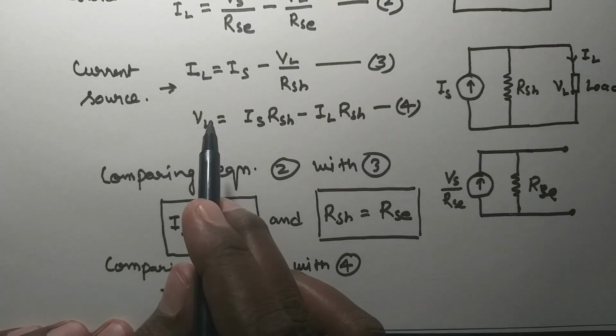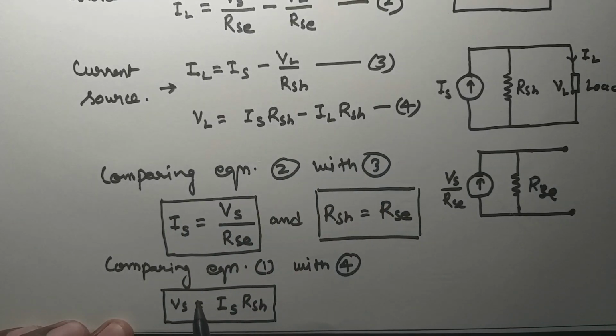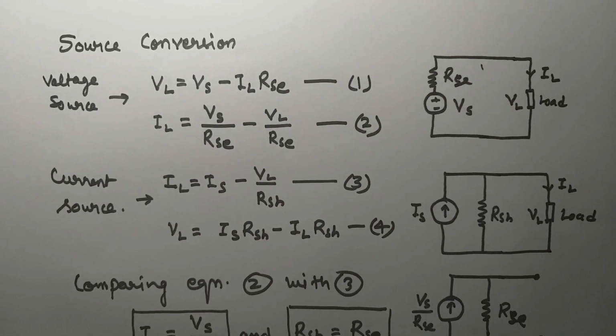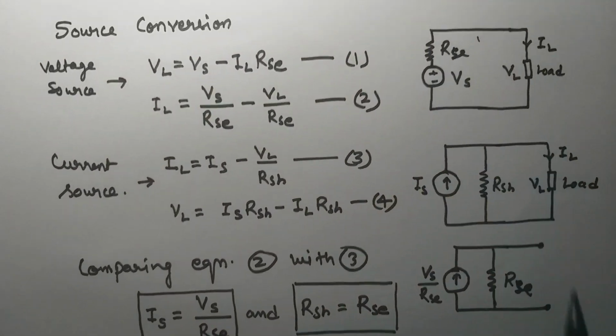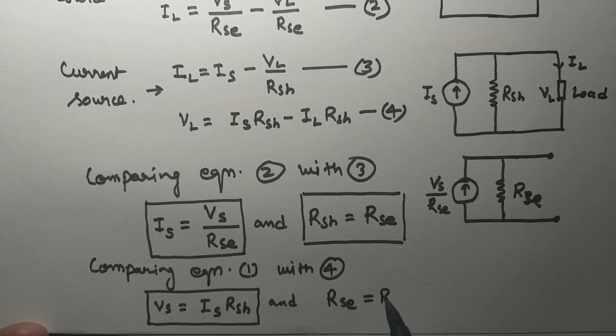So we are provided with this current source, and we are writing this voltage source value for an equivalent voltage source of this current source. And Rse, the series resistance of that equivalent voltage source, will be equal to Rsh, the resistance of the shunt branch of the current source.